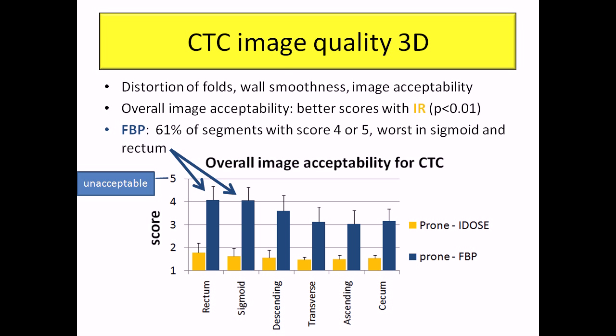We rated many aspects of image quality in the endoluminal view, and better scores were indeed obtained with iterative reconstruction. What is more important, filtered back projection yielded segments with scores 4 or 5, the worst two ones, in more than 0.5% of segments, as you may see in this chart.